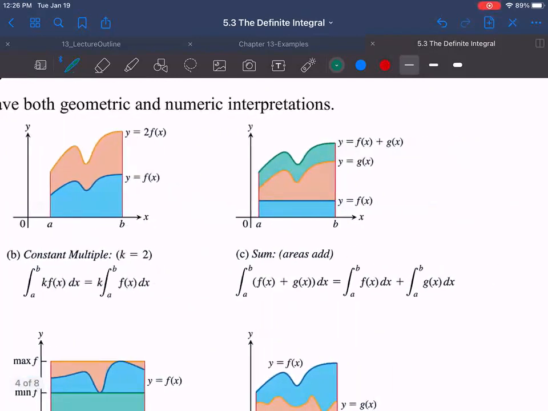If you're doing the integral of the sum of two different functions, you can split it into the integral of each function because they would add up like that, just like with regular summations. It's just going to add that amount onto each one, so it's their two areas added together. You can do them individually.